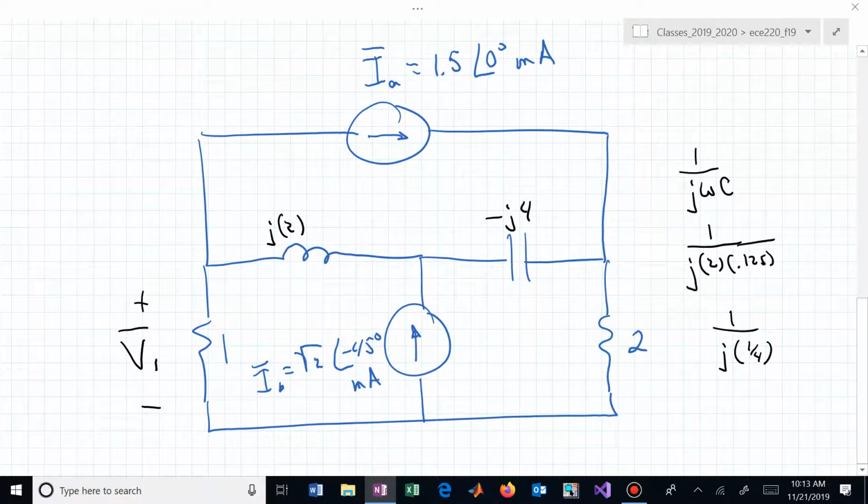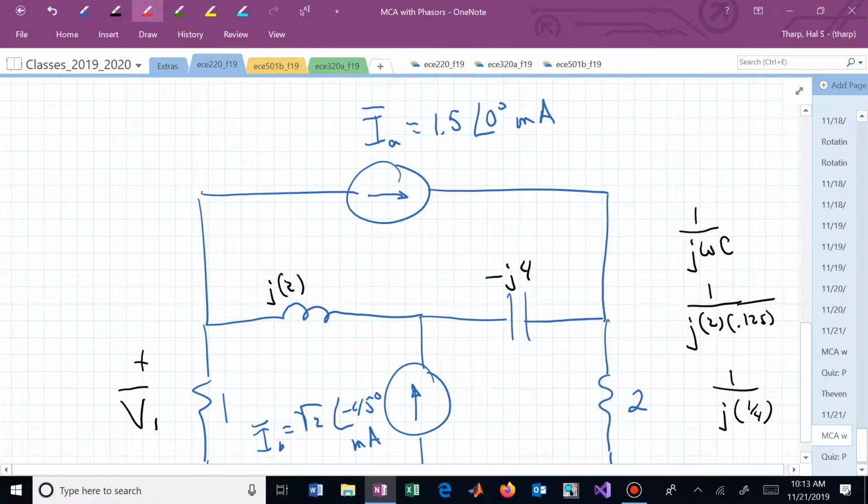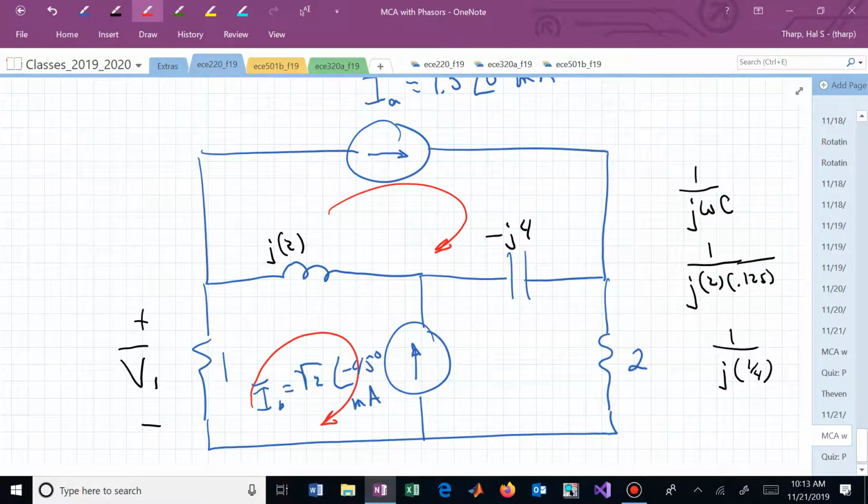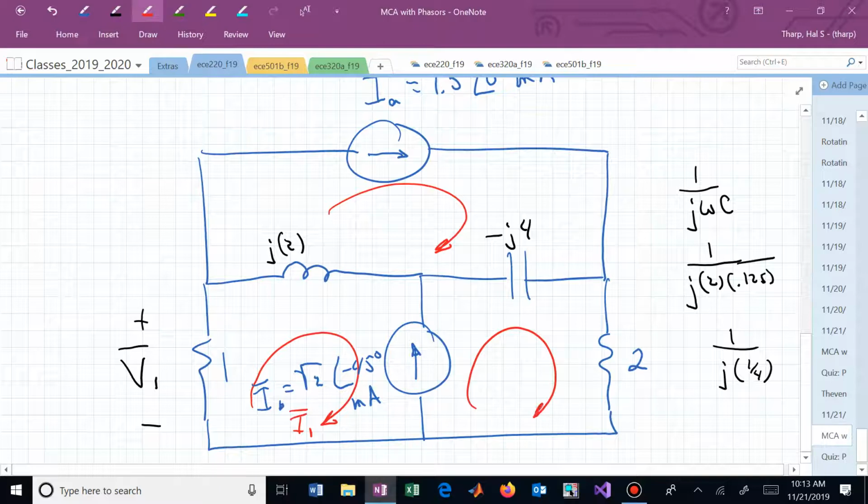Mesh or node voltage. If we use mesh, we have 3 meshes. That's M-E-S-H, not M-E-S-S. M-E-S-H, mesh current. Let's call this one I1 and this one I sub 2.